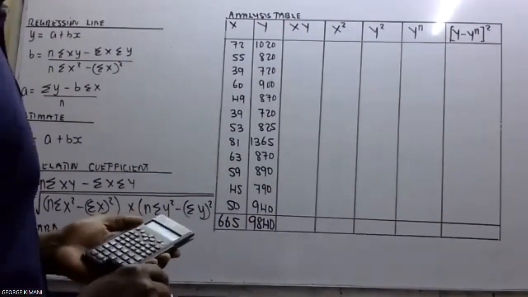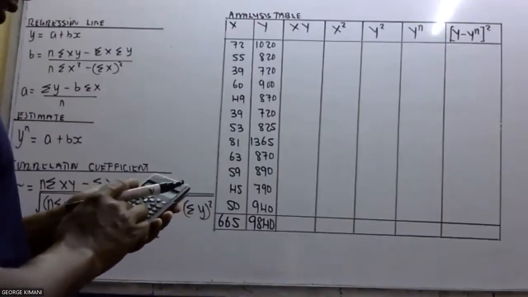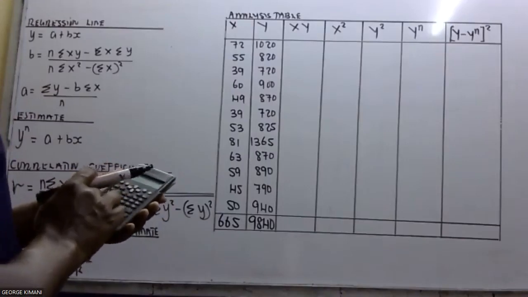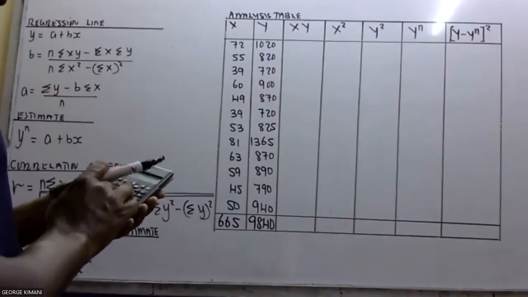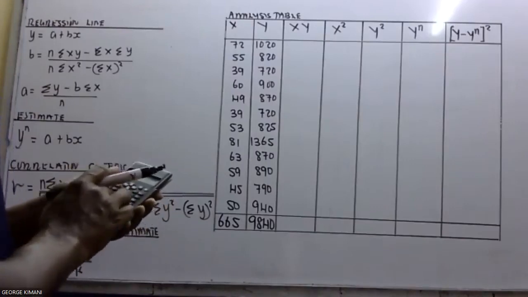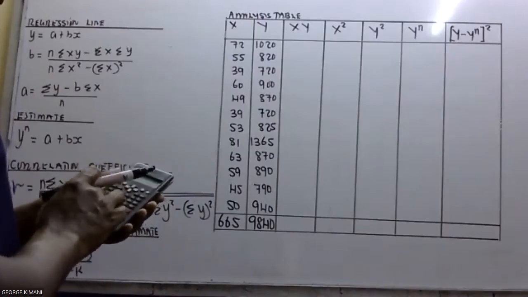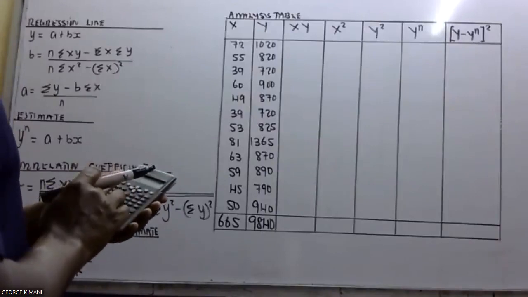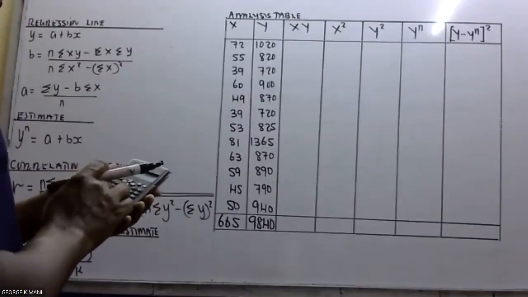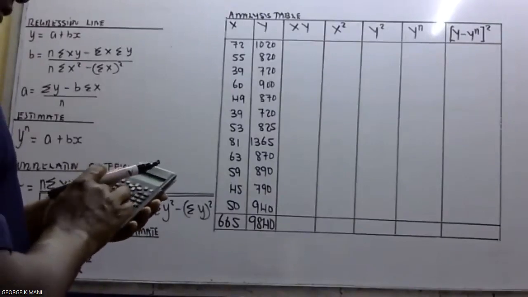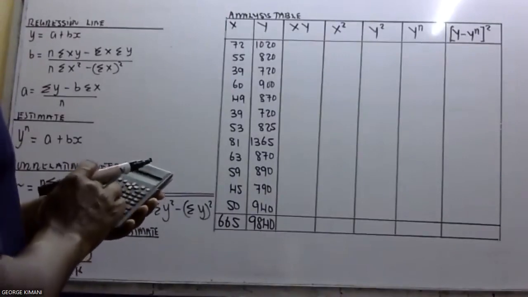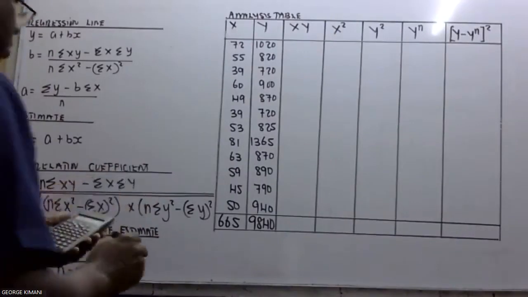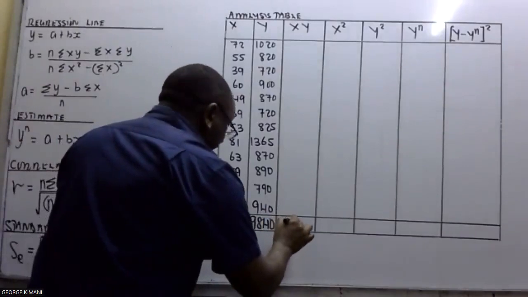Then let's go to XY. You don't have to write, you can just go like this: 72 times 1020 plus 55 times 820 plus 39 times 720 plus 60 times 900 plus 49 times 870 plus 39 times 720 plus 53 times 825 plus 81 times 1365 plus 63 times 870 plus 59 times 890 plus 45 times 790 plus 50 times 940 equals, you can confirm whether you will get 615490.